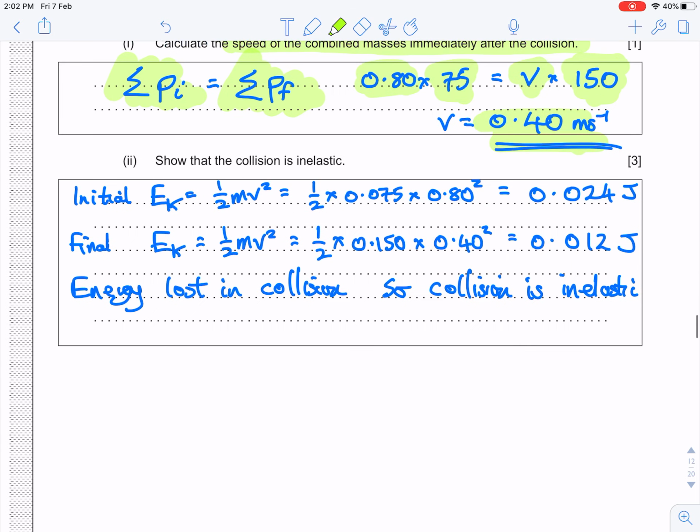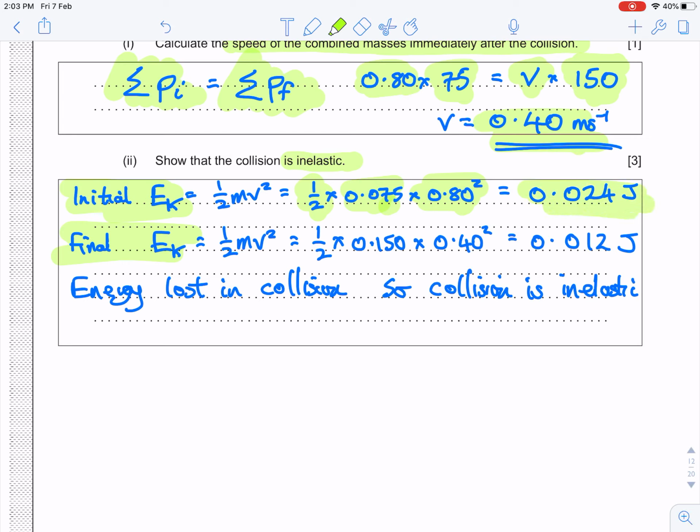Then finally in this question, show that the collision is elastic. Well, to do that, we have to look at the initial kinetic energy and compare it to the final kinetic energy. So when I do that, the initial kinetic energy of the system is a half times the mass of the pendulum bob times its initial speed squared, and I get 0.024 joules.